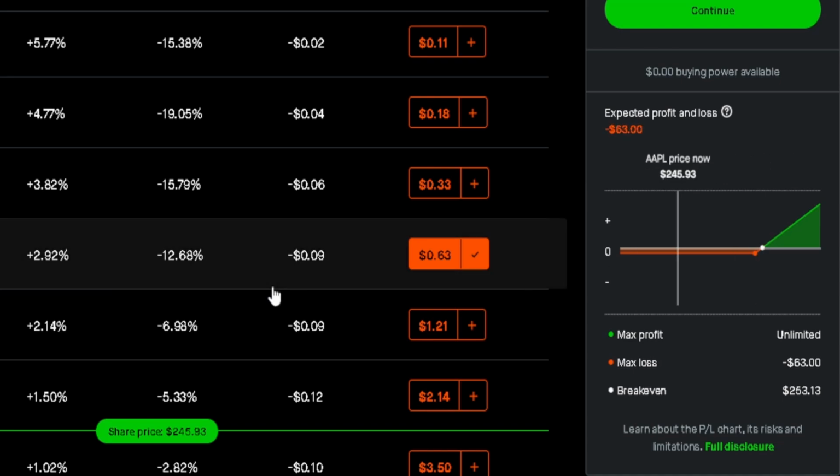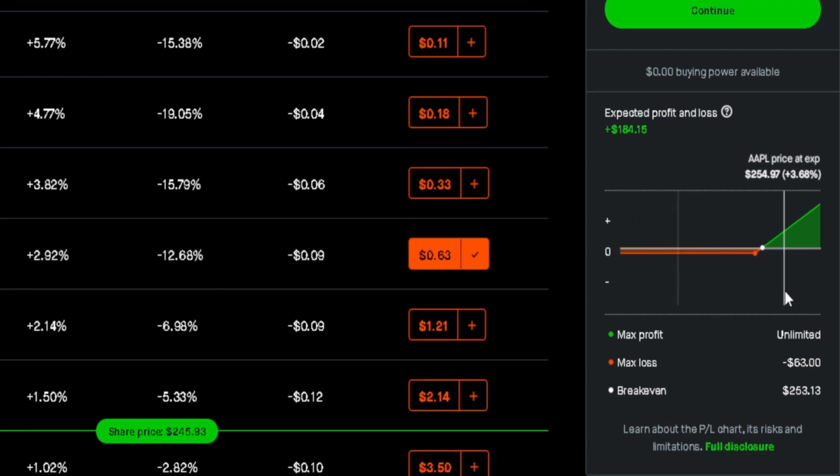That is the strike price with the price that you paid added to it. So anything above that and you'll start making profit. If it does not go above that, you lose the $63 that you paid. So keep that in mind, that you can lose money if it doesn't move the way you want it to.